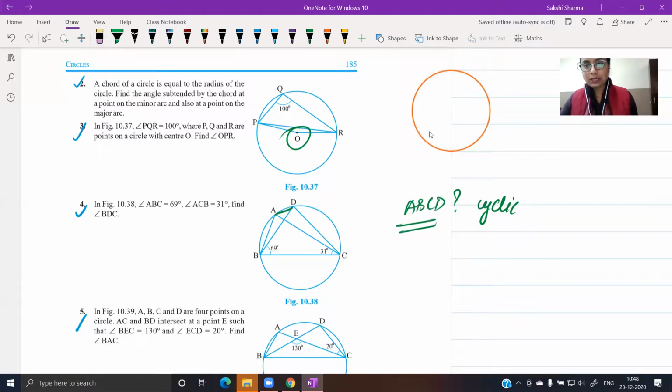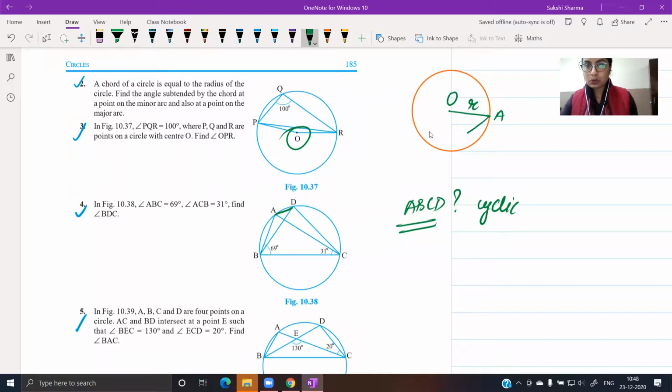So we have a circle. Let's say the circle is with center O and the radius is R. Since they're talking about the length of the chord being equal to the radius of the circle, that's why I have just indicated this, that the radius is R. Now I want to draw a chord whose size is same as the radius.